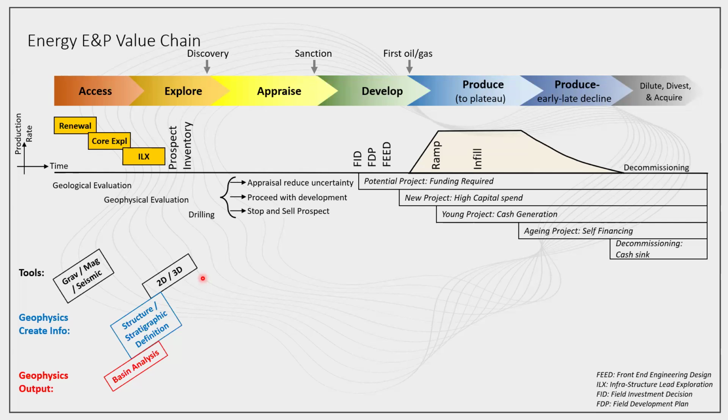So the reservoir and facilities engineers can design their facilities, and all that will go finally to the commercial side to build an economic value. So when we look at the access and explore stages, we are repeating the same cycle every time. And finally, at the end of the cycle, we are looking for the economic value. Do we continue or do we stop?